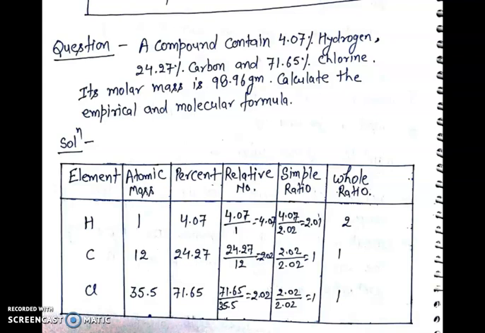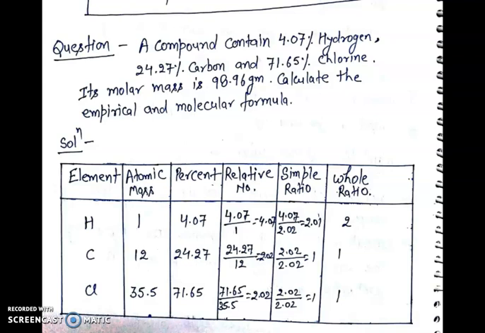The third element is chlorine. The atomic mass of chlorine is 35.5 and the percentage of chlorine is given in the question, that is 71.65, and the relative number of chlorine is equal to percentage of chlorine divided by their atomic mass.